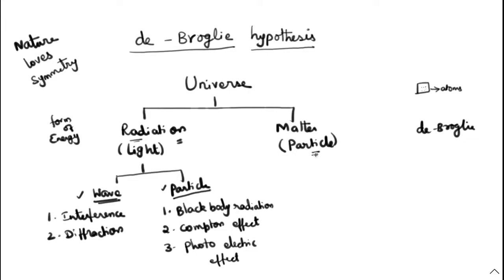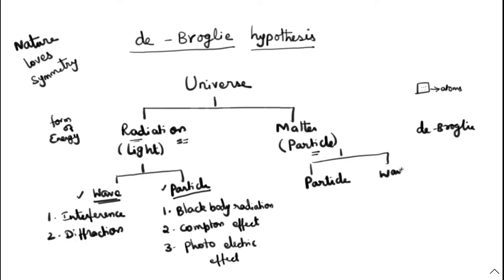So the concept of dual nature of radiation prompted de Broglie to suggest the idea of the wave nature of the particle. He said matter also has dual nature: sometimes it acts as a particle and sometimes it has wave nature also.